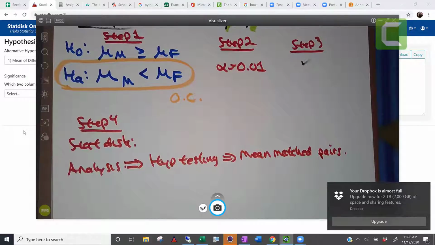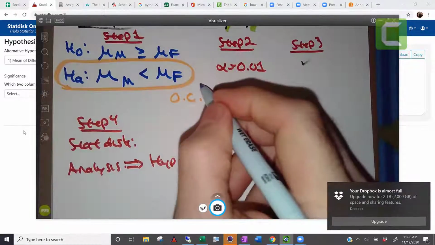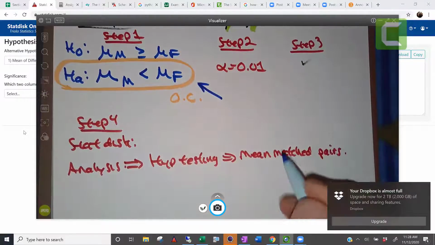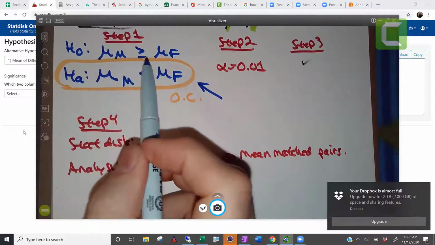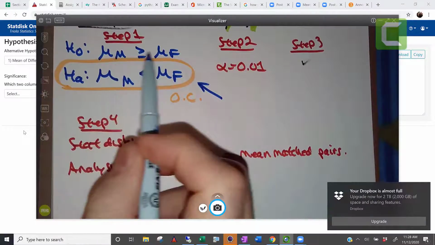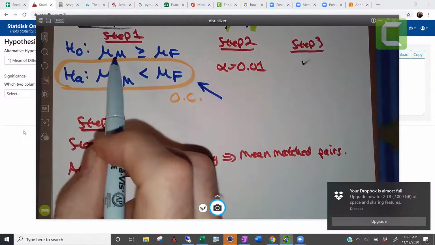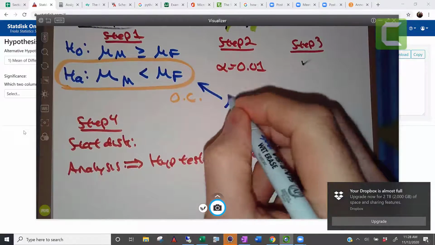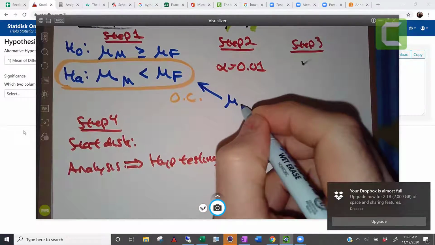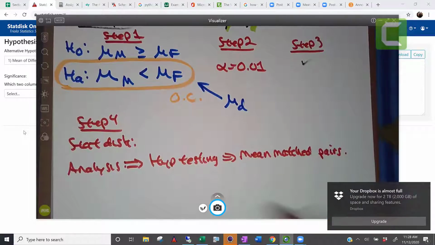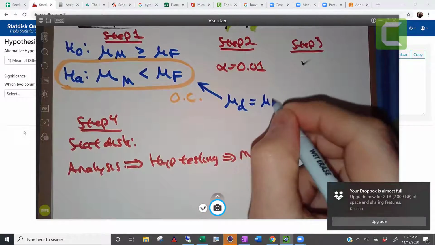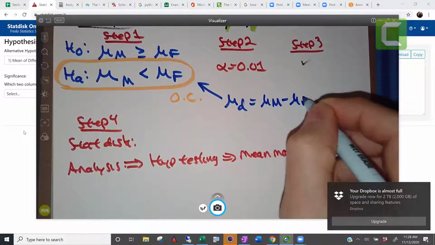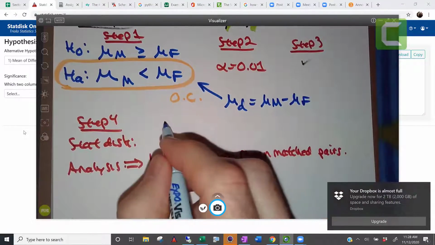So let's take a look at this a little bit. Now, this stuff here could also be set up a little bit differently. If I were to move this over to the left-hand side so that I'm subtracting mu sub m minus mu sub f, then it's going to give me the difference, male minus female, and my hypothesis is going to look like this.